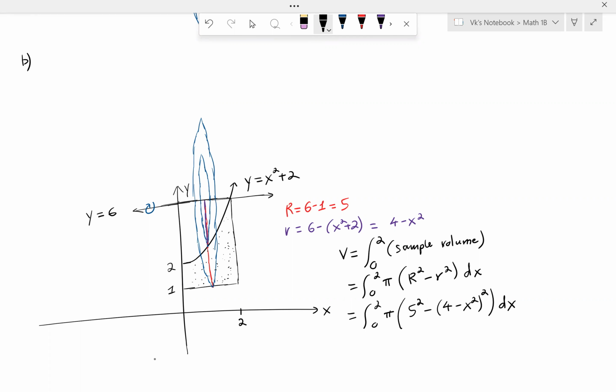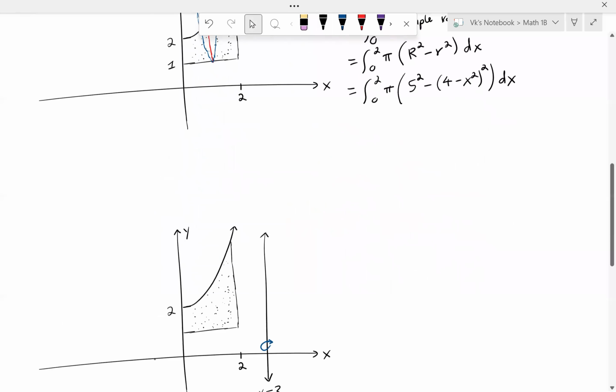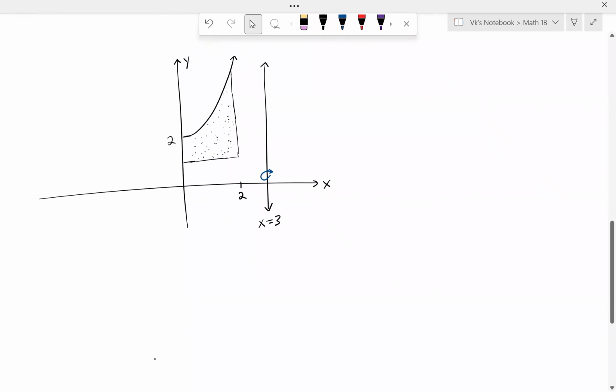Now it's going to get a little more difficult. In C, we rotate the region about the line x equals 3. So when we do the rotation, just be very careful. There are two regions, region 1 and region 2, meaning that when we sketch out the sample washer, there are two of them.